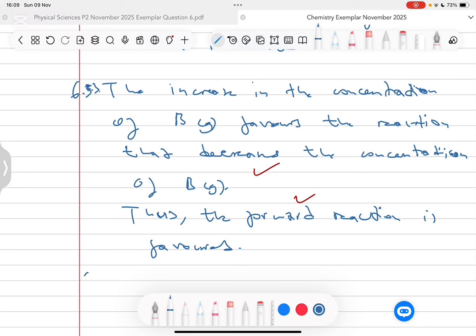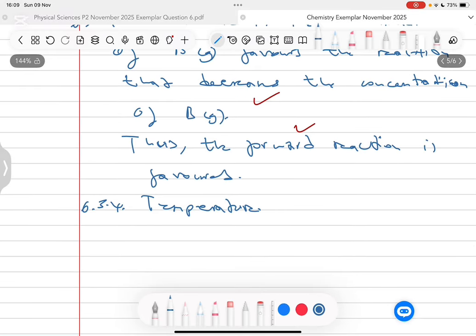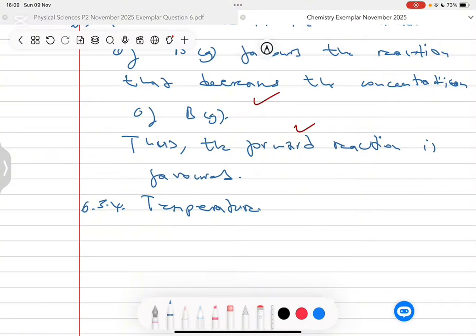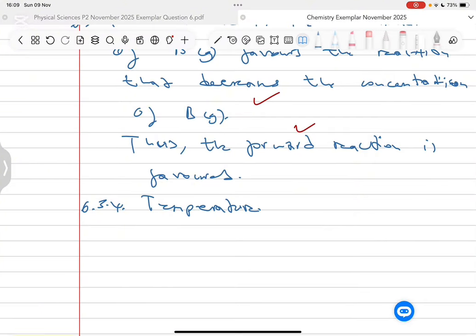So the answer for this is that temperature is the one that was kept constant. So all the time when you change concentration, the temperature must be constant. And also when you change the volume, the temperature must also be constant. And this really would be for 1 mark.